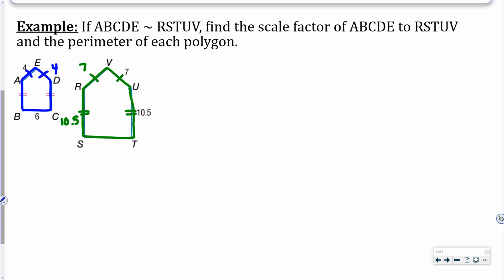But I do know one ratio, and you could use either of these. Let's say AE. I can figure out my scale factor, because I'm given AE and its corresponding side RV. So I see 4 to 7, which is 4 sevenths. There's your scale factor.